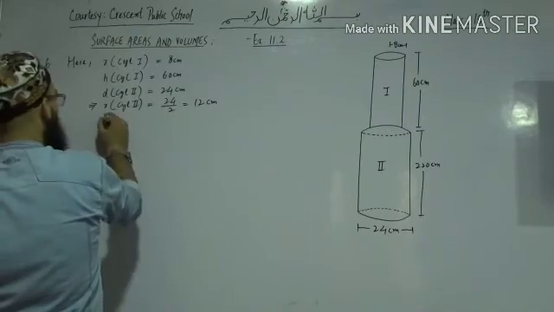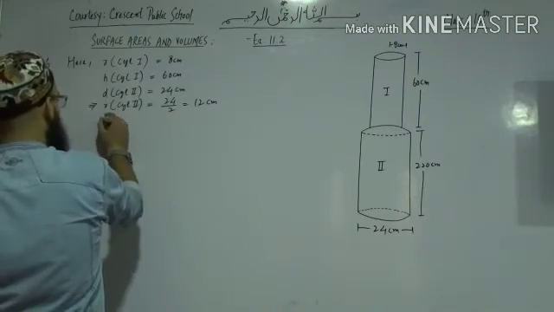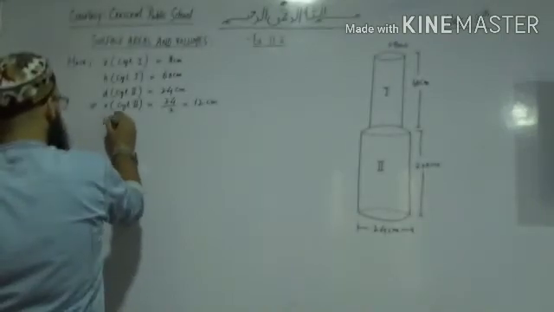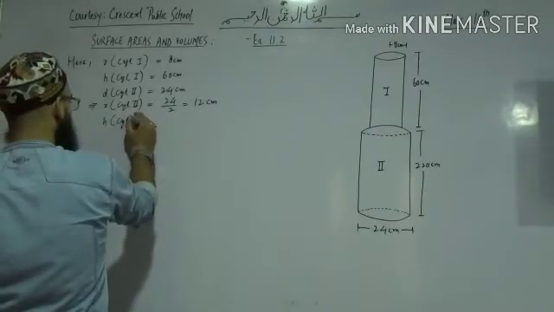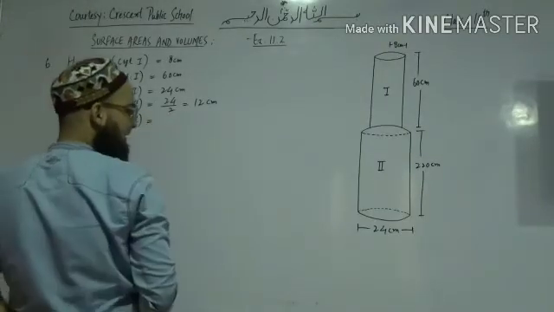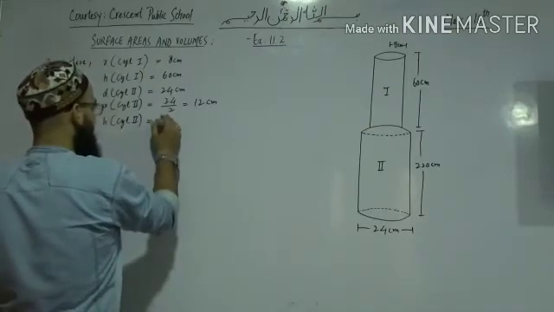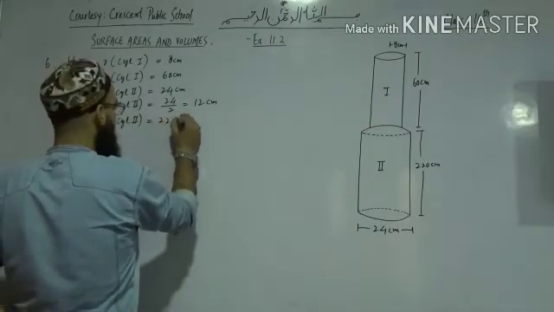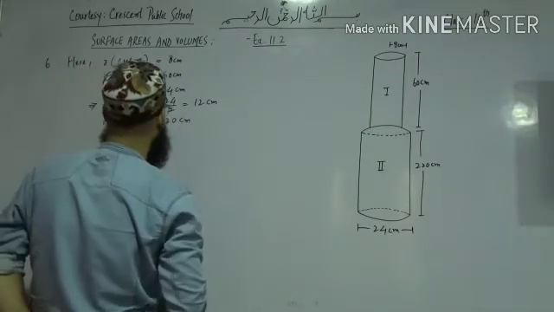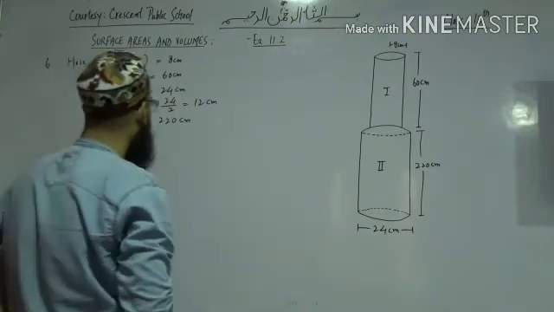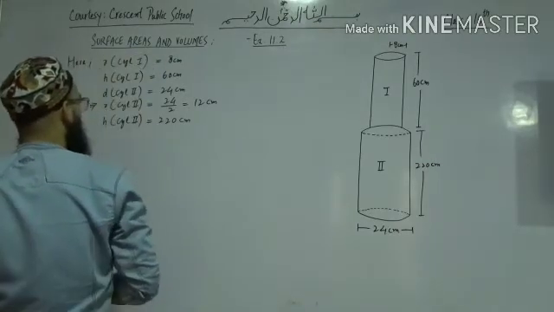Then height of cylinder 2. Height of cylinder 2 is 220 centimeter. Got it?